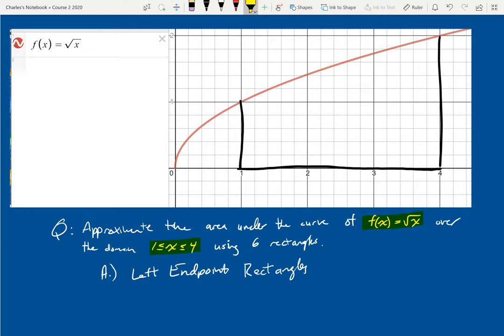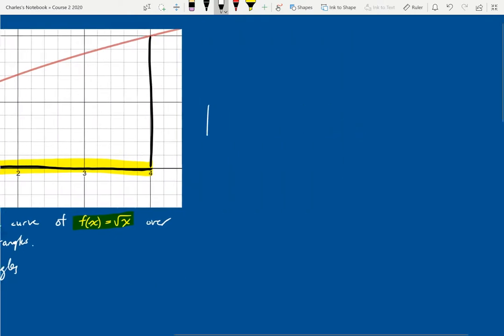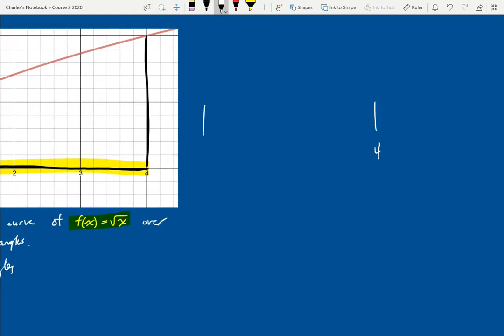So we're looking at this range from 1 to 4, and our question tells us that we specifically want to use 6 rectangles. So I kind of want to think of this section right now between 1 and 4. Actually, I'm going to put the numbers on the top. And from 1 to 4 using 6 rectangles, well, if I did 2 rectangles, it would go from 1 to 3.